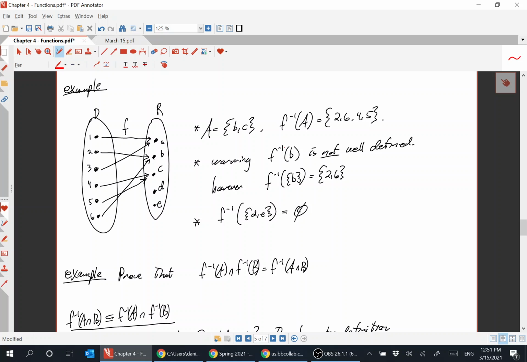The notion of an inverse function, we'll talk about later, but they don't really exist in general. Whenever you talk about inverse functions in calculus and pre-calculus, they're for functions that are injections or bijections. They're one-to-one and onto, which is what we're going to talk about next.